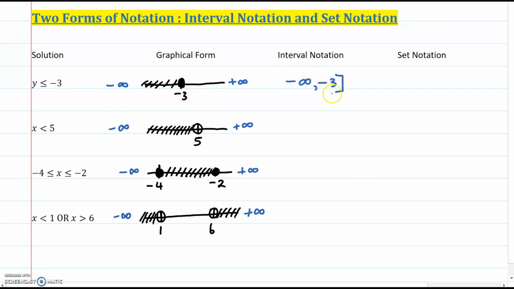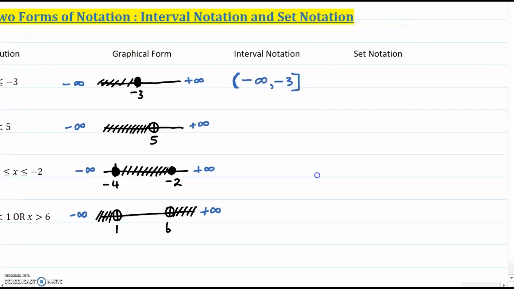So we used a bracket for -3 because there's a colored in dot at -3, but for infinities, we always use parentheses. So that's going to be our interval notation in this case. This is interval notation, which uses parentheses and brackets.